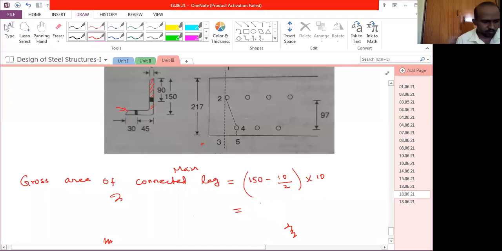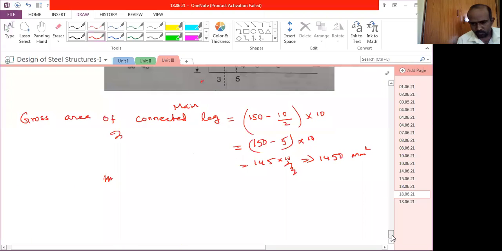It is 145, that is 150 minus 5, into 10. So that is 145 into 10, which is 1450 mm square.